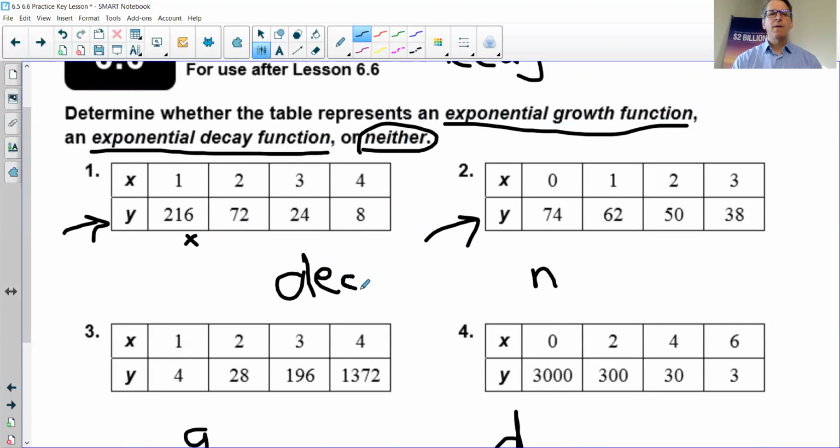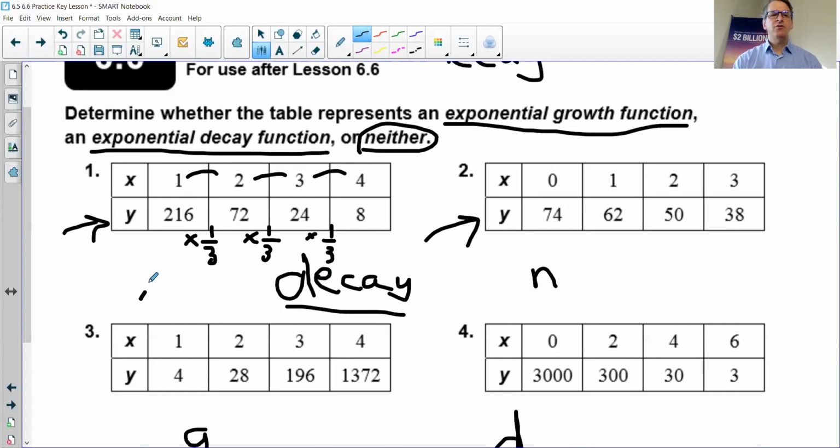Okay, what it's doing is it's going down. In this case, it's going down by a third. So we're multiplying by 1/3 each time. And that's an exponential decay answer. And as you can see, the x is going up by 1 each time.